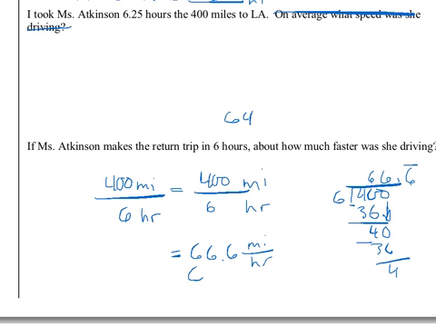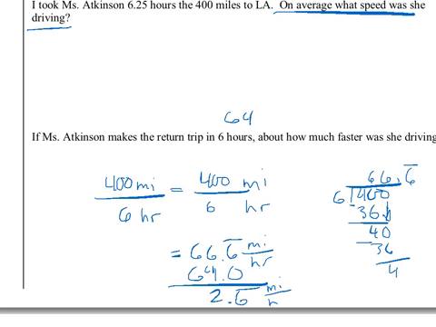So 66.6 repeating minus 64. 0.6 repeating minus 0 is 0.6 repeating. 6 minus 4 is 2. So we get that she is driving 2.6 repeating miles per hour faster.